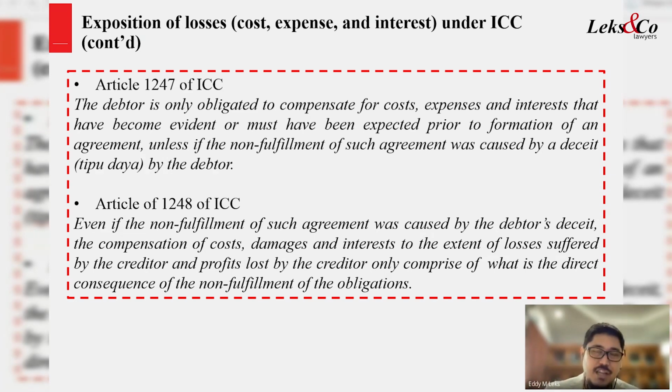But in addition to it, even though you suffer these losses because of the fault by this person, we should prove that the losses is the direct consequence of the fault or the unlawful act. Because of this fault causes these losses to me. So it's a sebab akibat, cause and effect.